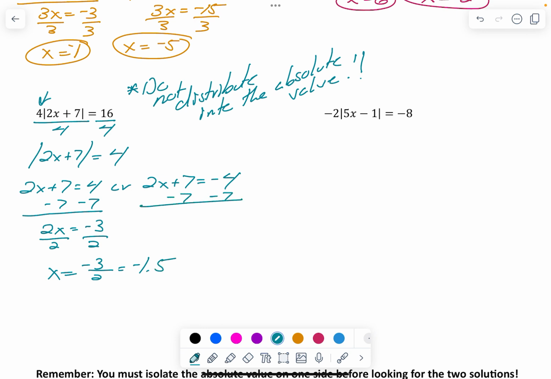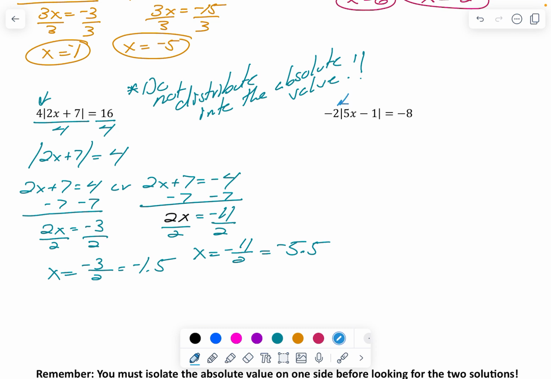This one, subtracting 7 from both sides. Oops, I switched colors. Let's see, we are going to get negative 11, dividing both sides by 2, x equals negative 11 halves, or negative 5.5.